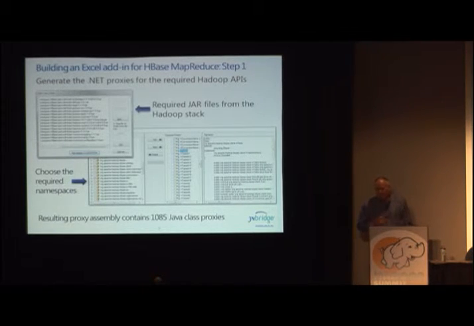The bottom dialog shows the proxy generator. So we can actually choose an entire namespace. You can see that over in the right-hand pane on that bottom screenshot is actually showing through reflection. I believe that's actually the HBase client HTable class.